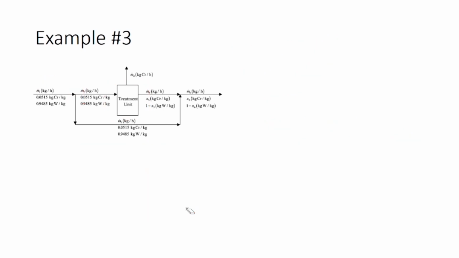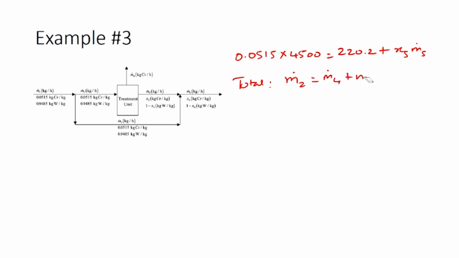Substituting this M4 dot into the chromium balance, we have 0.0515 times 4500 equals 220.2 plus X5 M5 dot. We can also write a total balance for the treatment unit, which would be M2 dot equals M4 dot plus M5 dot.